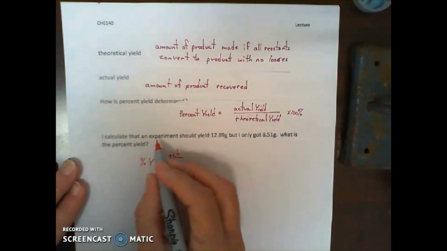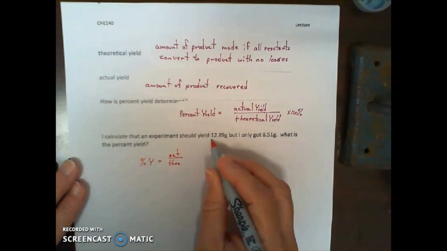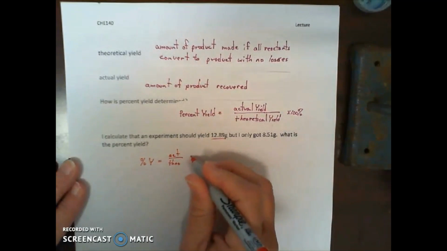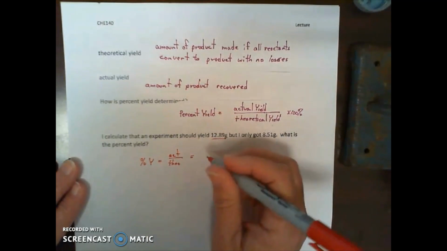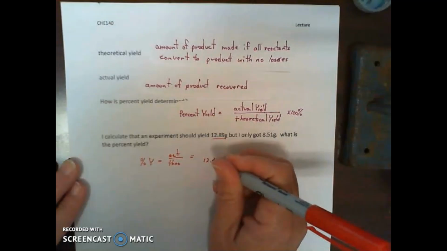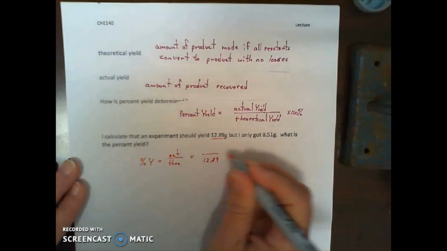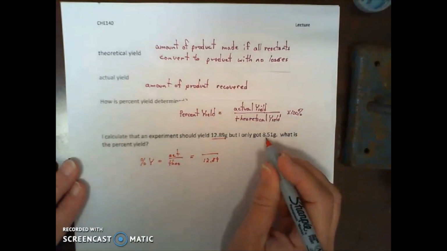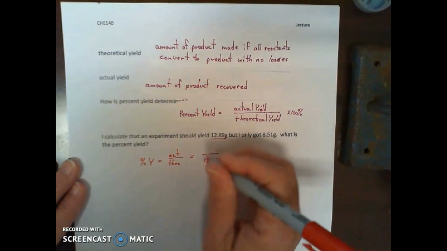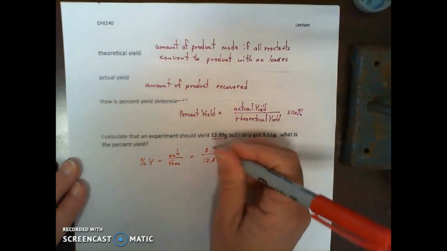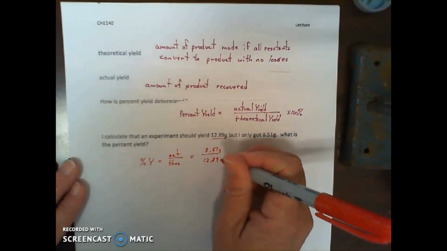The amount that I calculated is going to be our theoretical, 12.89, and we'll put our actual, what you really got, above it. 8.51, these are both in grams.